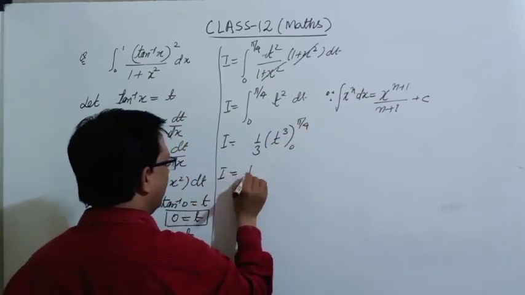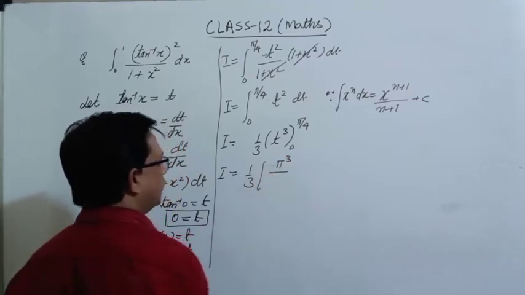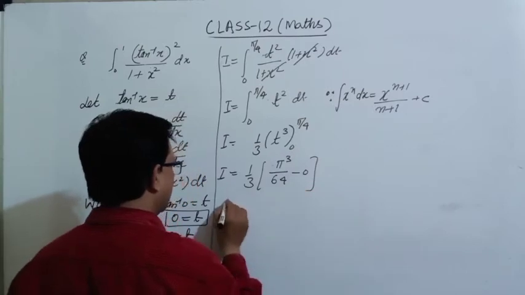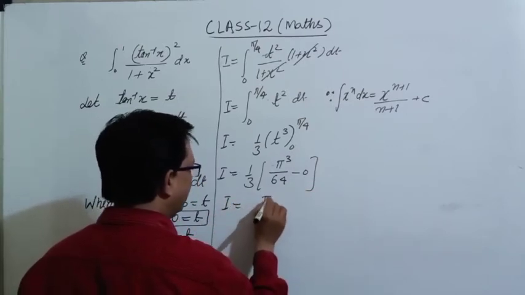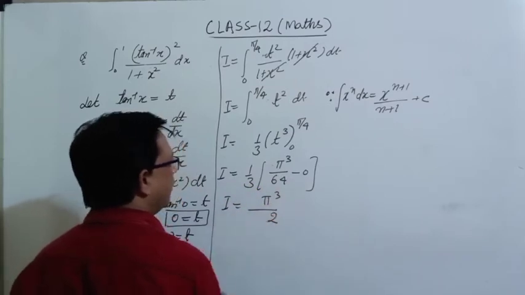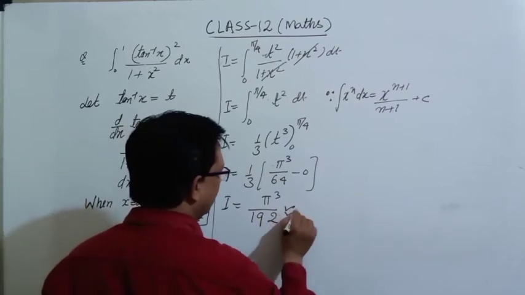Now putting the value of the limit, we get pi cube upon 4 times 4 times 4, which is 64, minus 0. So I is equal to pi cube upon 64 multiplied by 3, which is 192. This is your final answer.